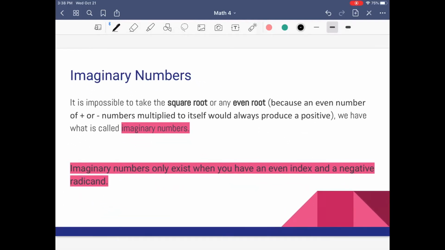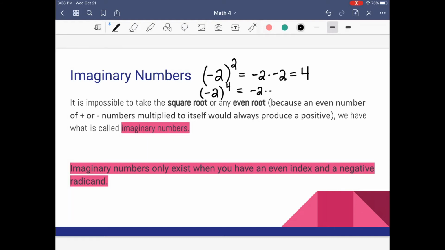When we raise any negative value to an even exponent, let me give you an example. Let's say I take -2 and I raise that to 2. That means -2 times -2, that will always turn into a positive number. I could raise -2 to the 4th power.